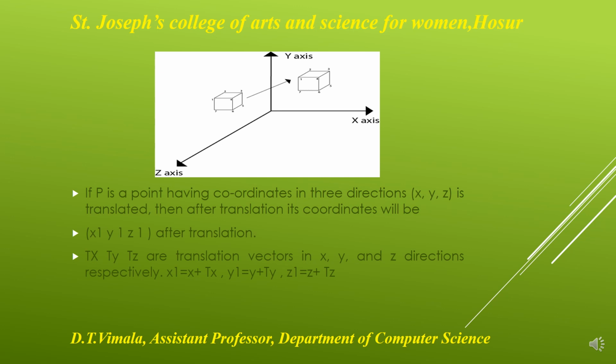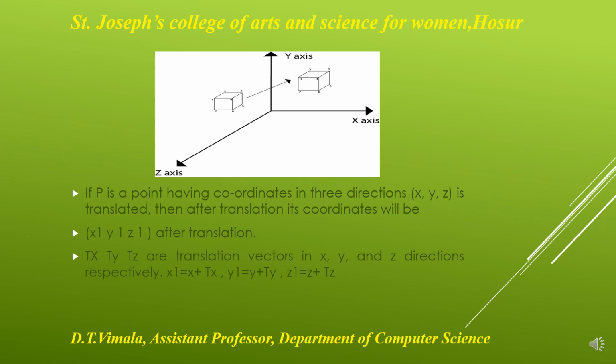If a point having coordinates in the three directions x, y, z is translated, then after translation its coordinate values will be x1, y1, z1. So how are we going to make the calculation? If we have three axes, we want to find a new position, that is, where we want to translate.